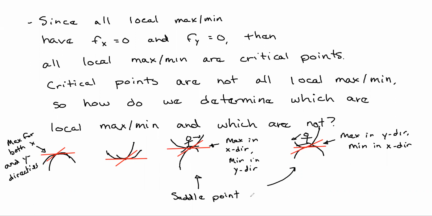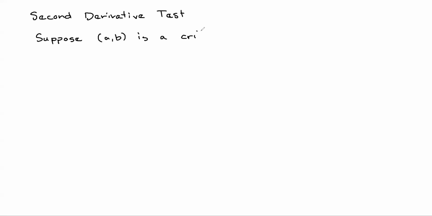Okay, so how do we determine which critical points are local maxes and mins and which are not? Enter the second derivative test. Not to be confused with the second derivative test from Calc 1. The second derivative test says, suppose the point (a, b) is a critical point. So you've gone through and found your critical points, and you're trying to figure out which critical points are maxes and mins and which are saddle points.